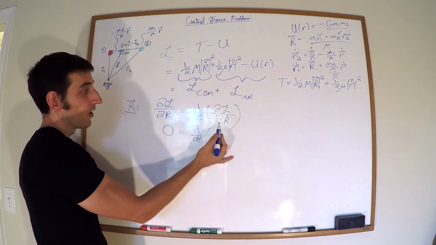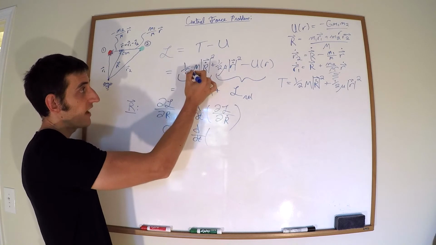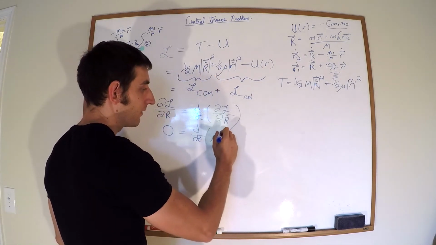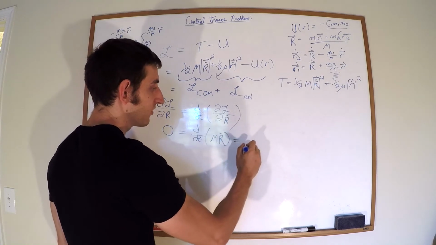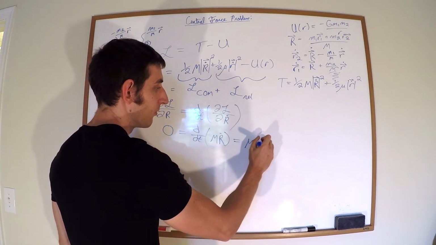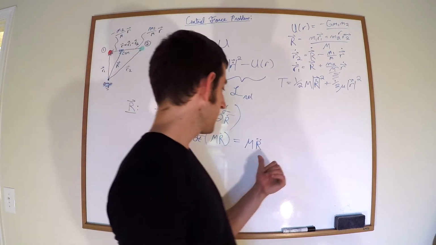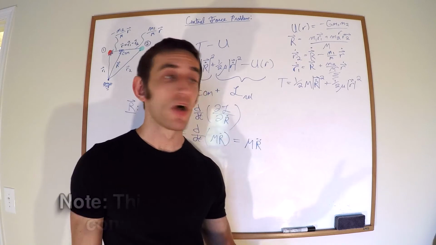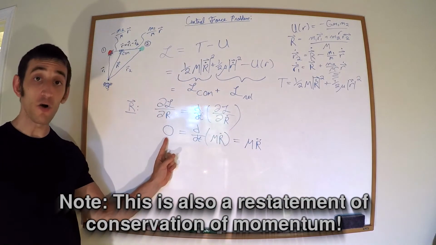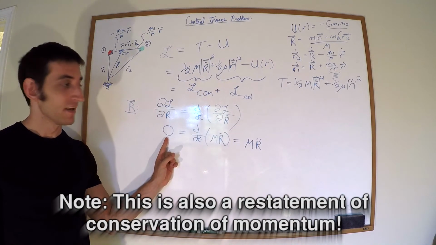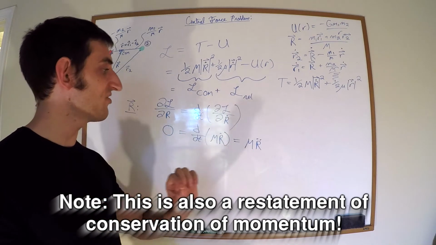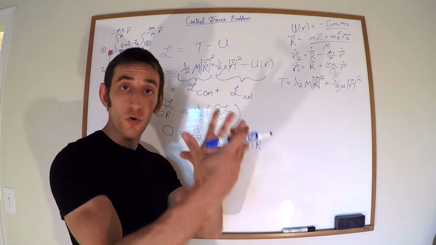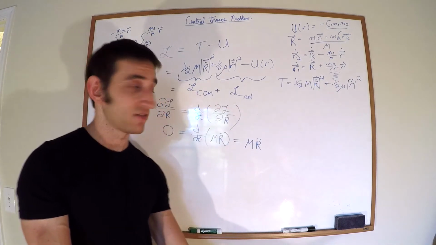When we take the partial with respect to R dot, the 2 comes down, we get big M R dot, and this is just equal to big M R double dot, equal to 0. In other words, it's an equation that gives us Newton's second law, F equals ma, for no force acting upon it, right? But what's really interesting is we get an equation for the center of mass with the total mass, like a big particle with the total mass at the center of mass.